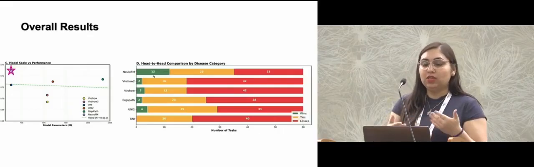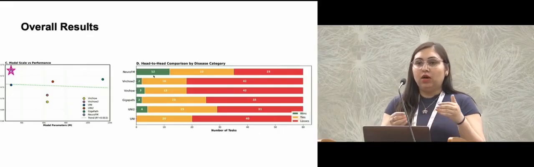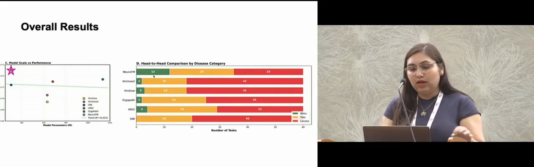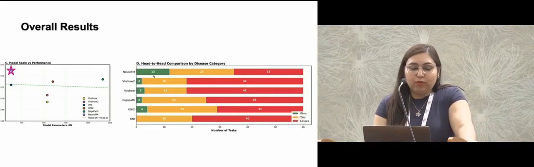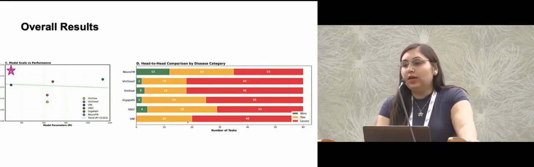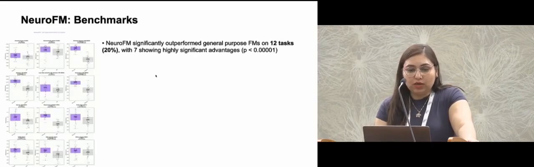Ties means there is no significant separation between our model's performance versus the other, and the 25 means where it did poorer. Overall, in terms of better performance, NeuroFM did well. It shows 12 tasks in comparison to Virchow, Virchow2, and Gigapath, and so on. Uni didn't show any task that did significantly better than the other best performing encoder.